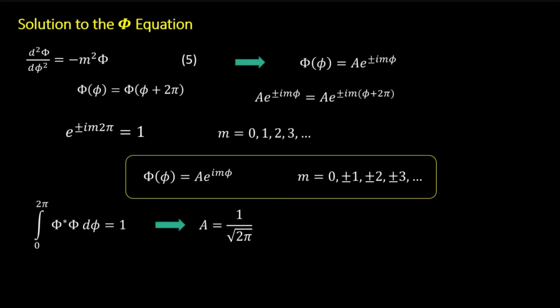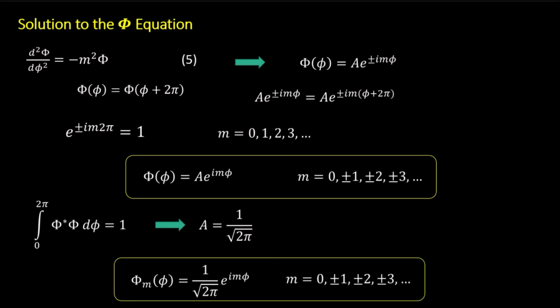Hence the normalized solution can be written as capital phi m of phi equal to 1 by square root of 2 pi e raised to i m phi, with integer values for the magnetic quantum number m. We have put a subscript m along with this wave function capital phi, since this wave function depends on this quantum number m.